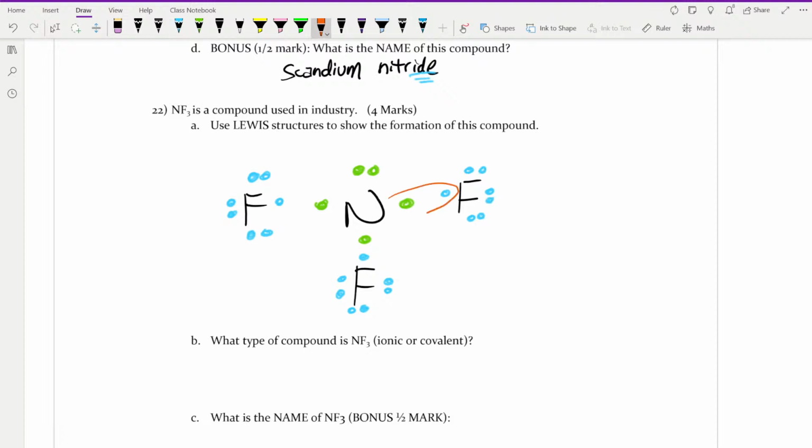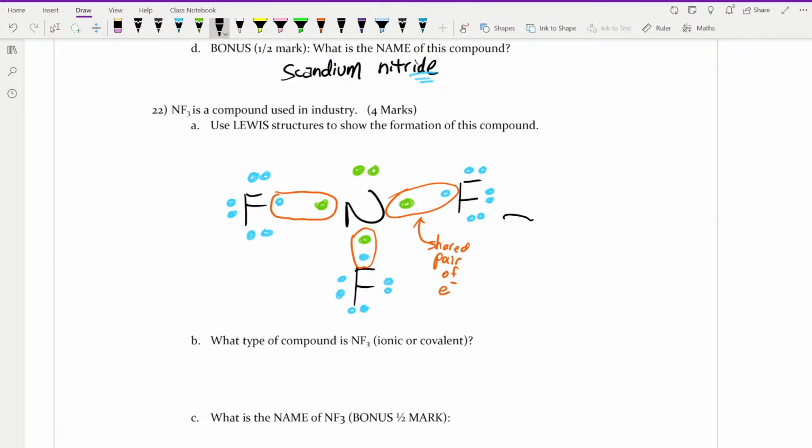And so by just making 1 bond, that fluorine is now happy. 1 bond, that fluorine is now happy. 1 bond, that fluorine is happy. And now nitrogen's making the 3 bonds it needs. So it's happy.